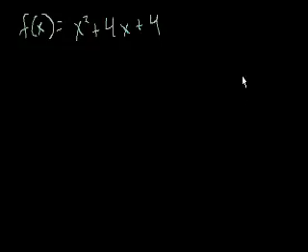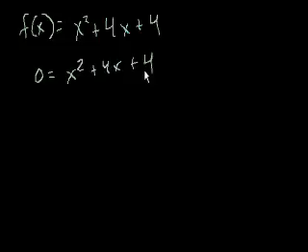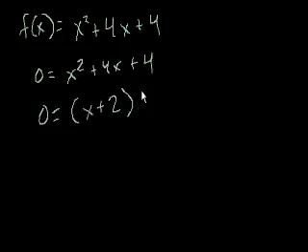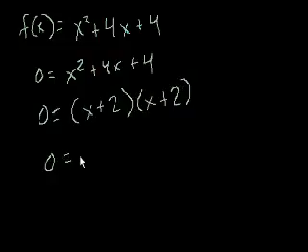If you think about that graph I had just drawn. So if f of x is equal to 0, then 0 is equal to x squared plus 4x plus 4. And we know we could just factor that. That's x plus 2 times x plus 2. And we know that it's equal to 0 at x equals minus 2.